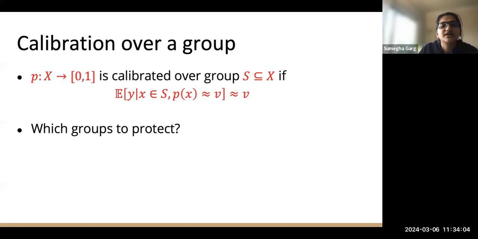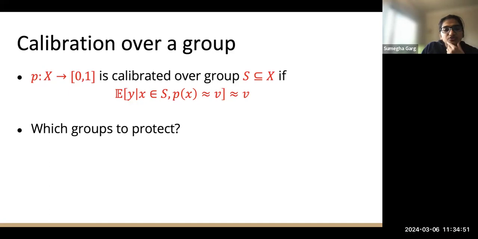What that means is that if you further condition on an individual belonging to a fixed subpopulation, then your predictions should also be calibrated. So now instead of looking at the whole population, you are just looking at a subpopulation, for example grad students, and amongst this subpopulation, the expectation of Y further conditioned on these score groups gives you the score group value itself.